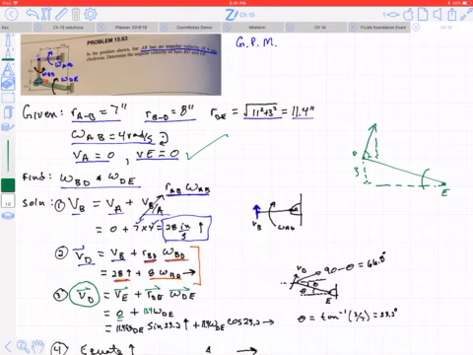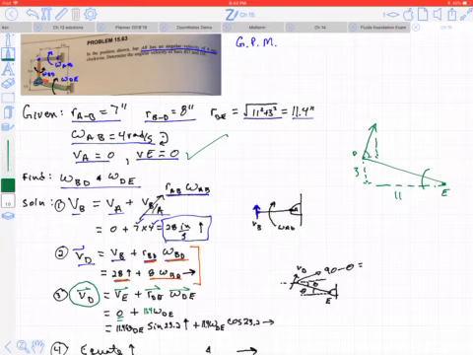From E to D is 11 inches. So that is 11 inches. I need to do some erasing down there. Go away, go away. So I need to take my calculator out and say, well, what is the inverse tangent of 3 over 11?